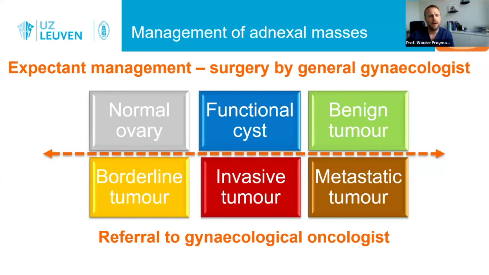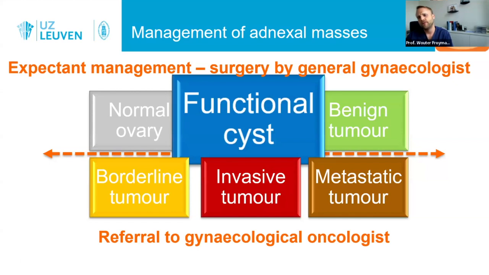But these patients can be managed by general gynecologists. If you have a lesion that is suspicious to be malignant, there the patient will benefit from referral to a gynecological oncologist, and there the management will also be different, whether it's a borderline tumor, an invasive tumor, or a secondary metastasis from another origin towards the ovary. So we want to have a proper assessment of these potential subtypes of pathologies.